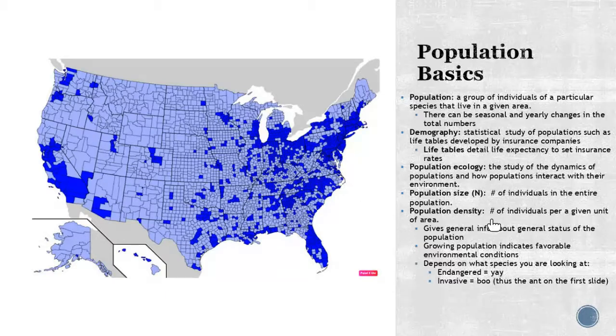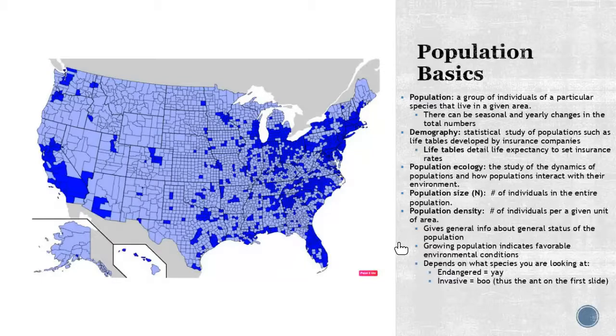And density is the number of individuals in a given area. So this one, the more dark blue it is, the more dense it is. They don't have the scale on this image, but you've seen on other images, the darker it is normally indicates a more dense population.